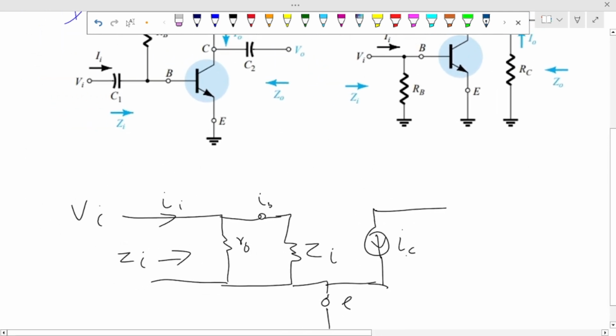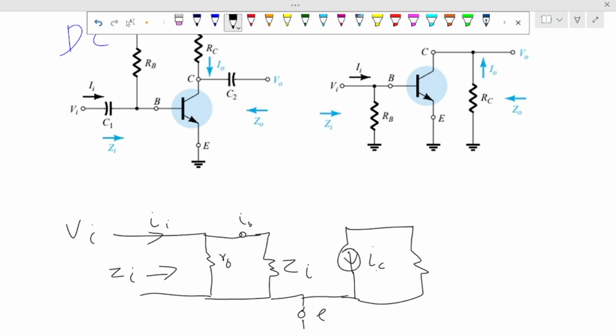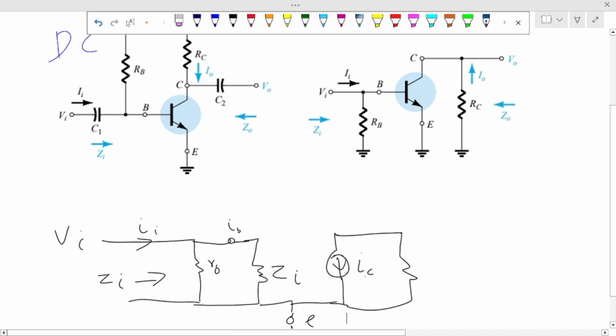What's next? What am I missing? I've done the collector current. Then the next thing: remember we had impedance in, right? We're also going to have impedance out, this O. And then what else?